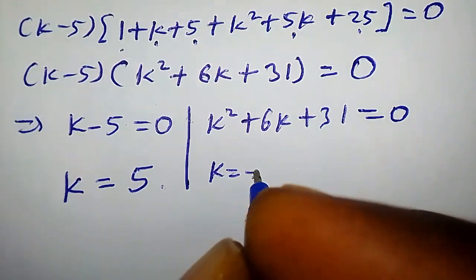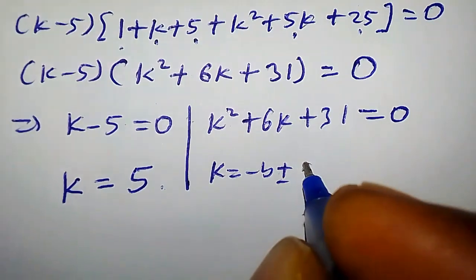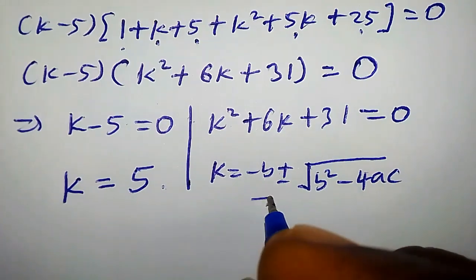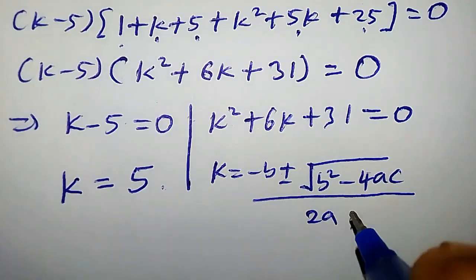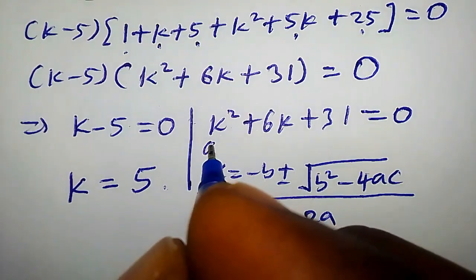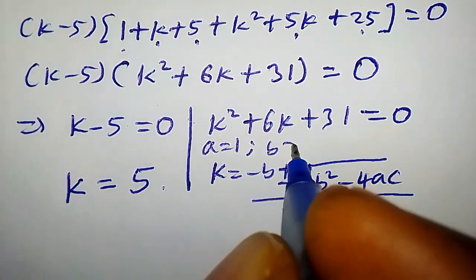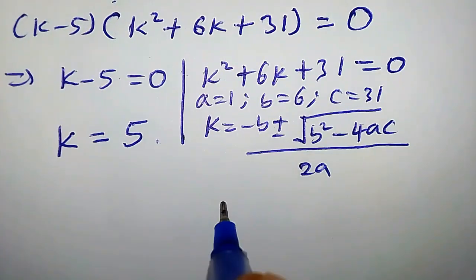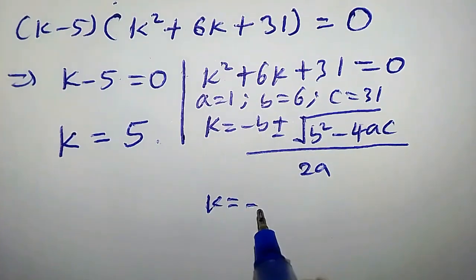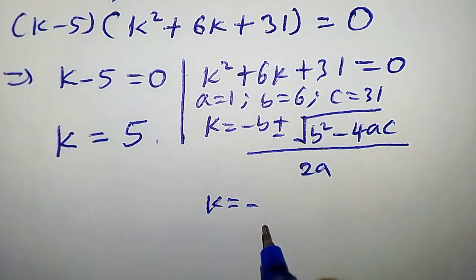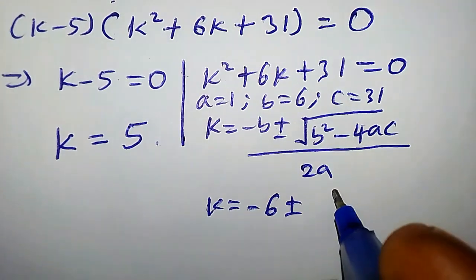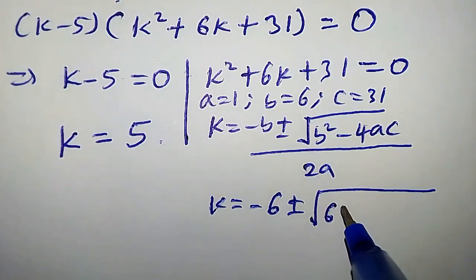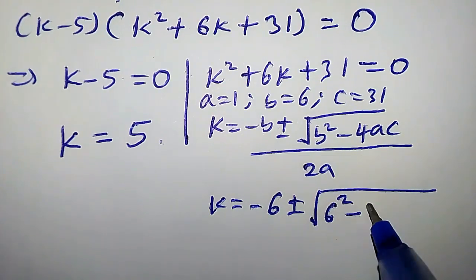K equal to minus b plus or minus square root of b square minus 4ac, divided by 2a. From this equation, a is equal to 1, b is 6, c is equal to 31. So we have k equal to minus, what is b? B is 6, plus or minus square root of b square, that would be 6 square, minus 4.